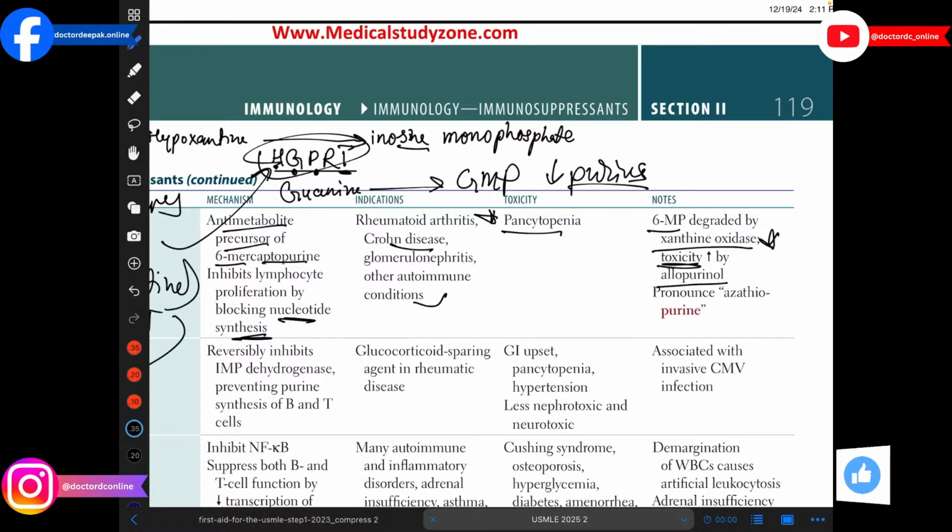In the GI tract, it can cause anorexia, nausea, and vomiting. You have to use caution with allopurinol because allopurinol is a xanthine oxidase inhibitor, which blunts the metabolism of 6-MP and azathioprine and increases the adverse effects.